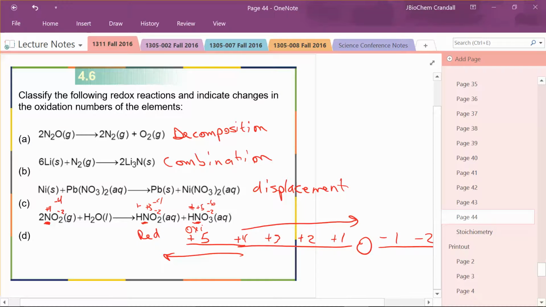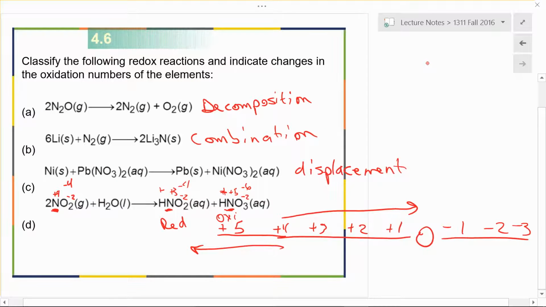So before we get into stoichiometry, which I love, okay, let's go ahead and practice some oxidation numbers.